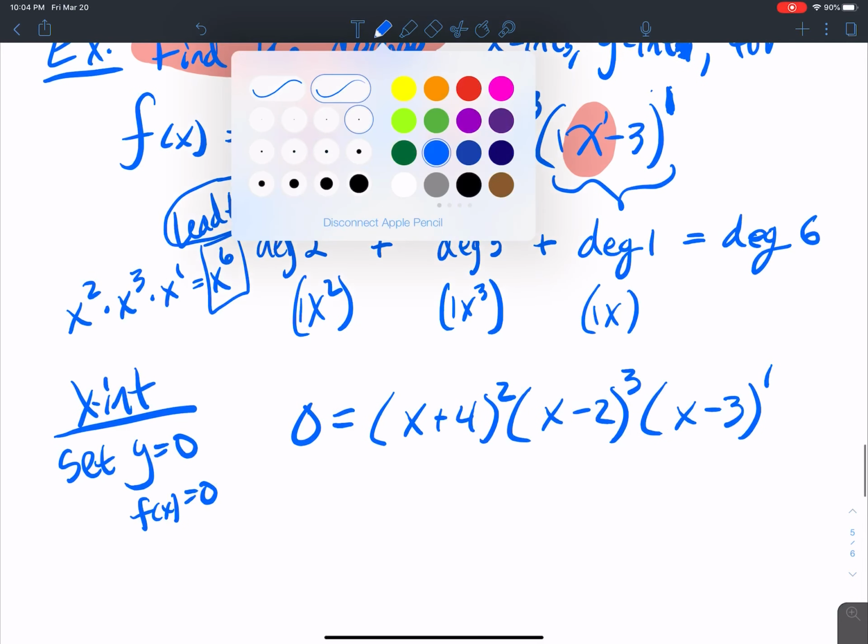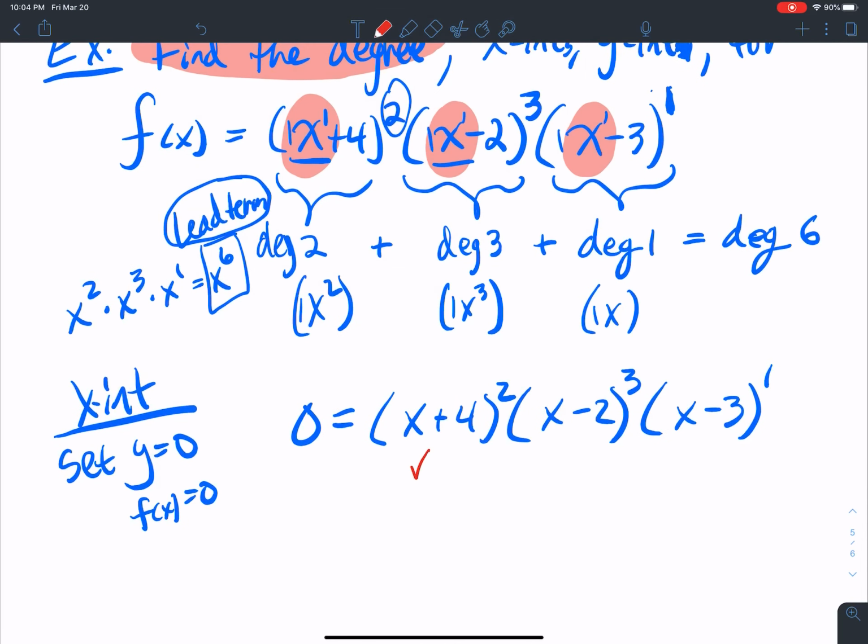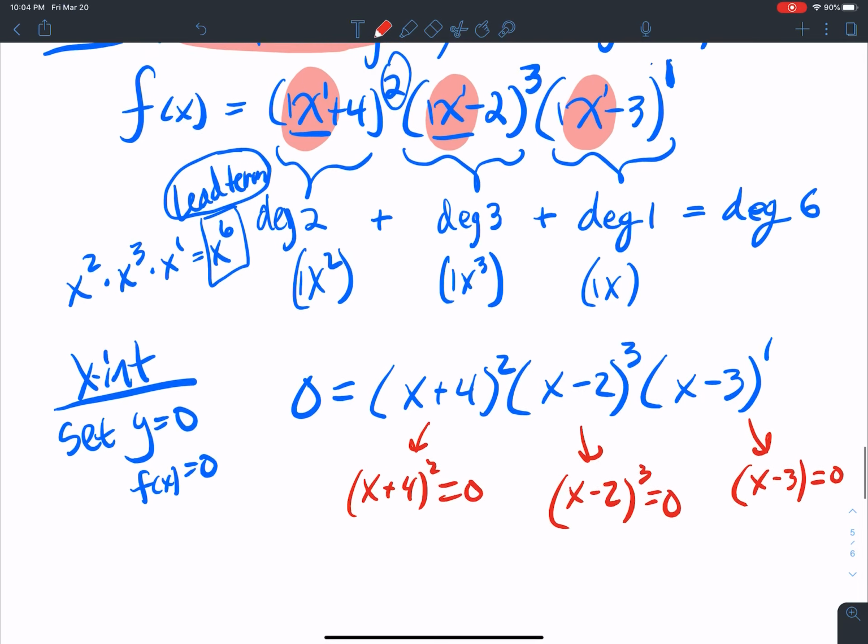Each of these pieces gets set equal to 0. x plus 4 squared equals 0, x minus 2 cubed equals 0, and x minus 3 equals 0.